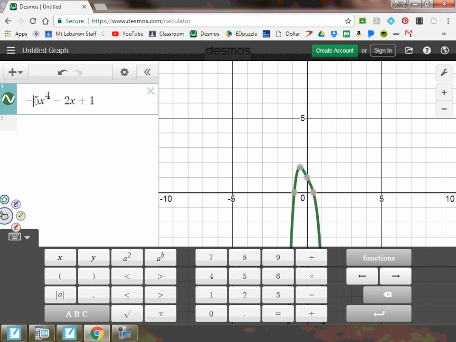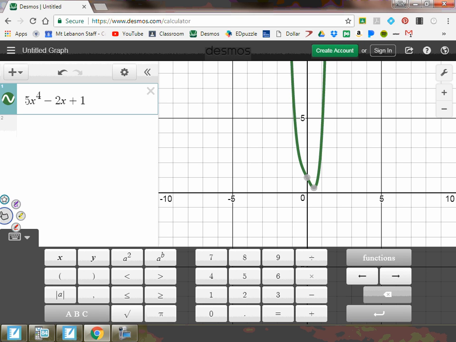Which one would dump the water? Negative. Even degree, positive. Even degree, negative. Comprende? And that's whether that exponent was a 2 or a 4 or a 6 or an 8 or anything even.